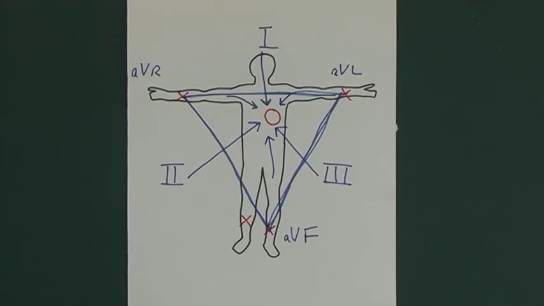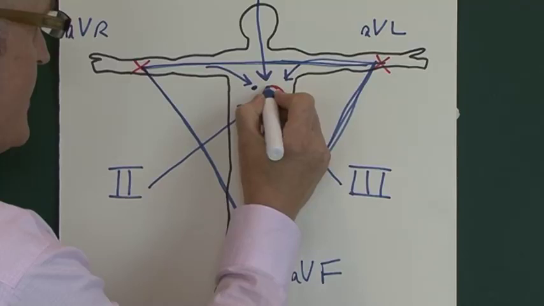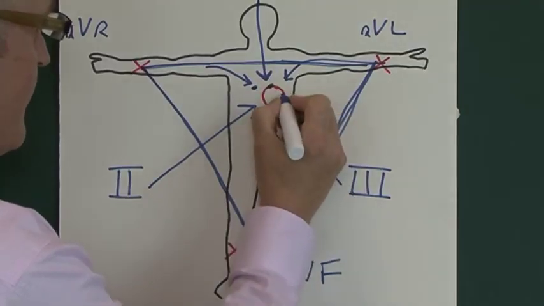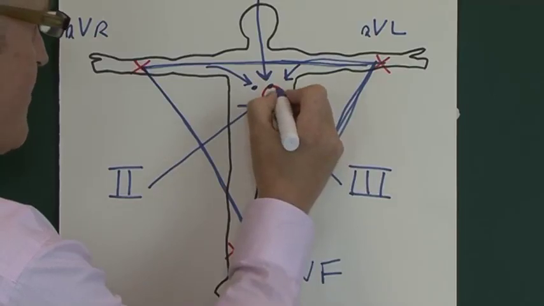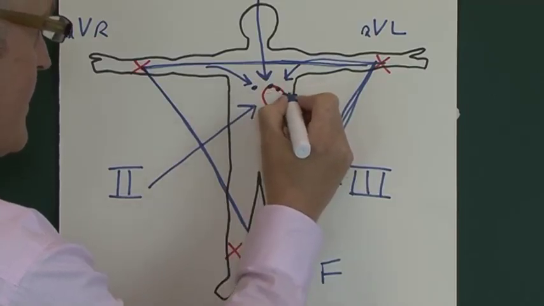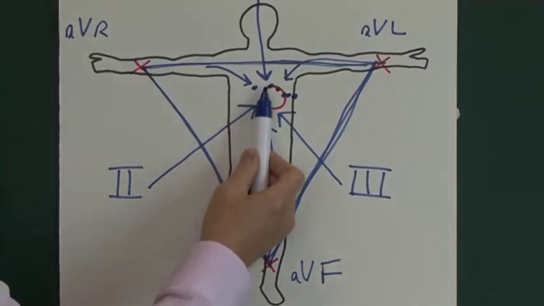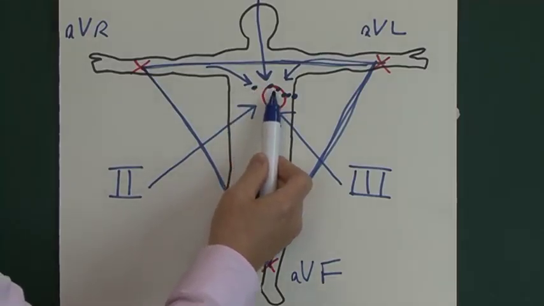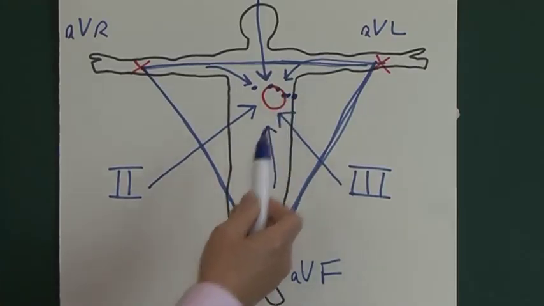And then of course we've got 6 chest leads. So we've got V1, V2, V3, V4, V5 and V6.